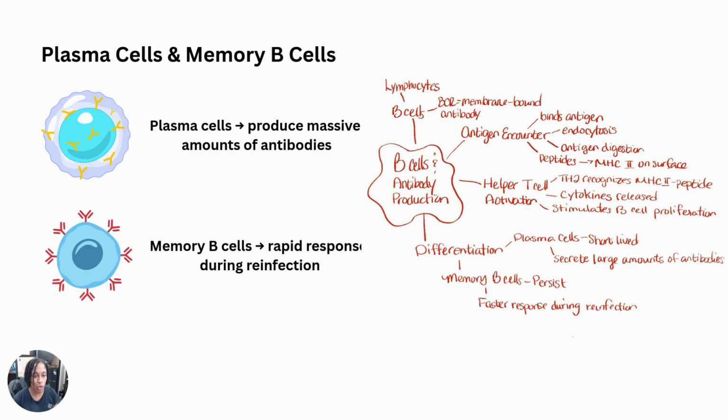So those are two things that you would want to write on our last branch, differentiation: plasma cells and memory B cells. Now, activated B cells divide into plasma cells, which secrete antibodies, and memory B cells, which respond rapidly if the antigen returns. Now, let's look at what antibodies actually do.